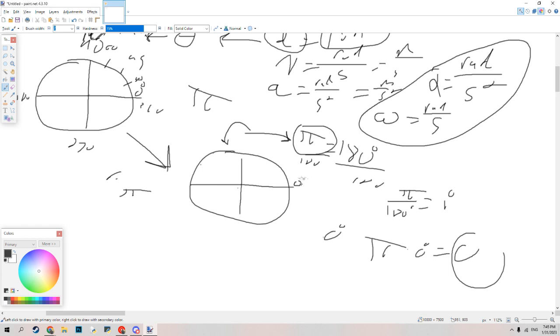Well, since that's 0 degrees, and we know that pi is equal to 180 degrees, we can likewise put pi radians, I keep calling this degrees, radians at this end of the circle, which means that this has to be pi over 2 radians, because it's halfway between these two.